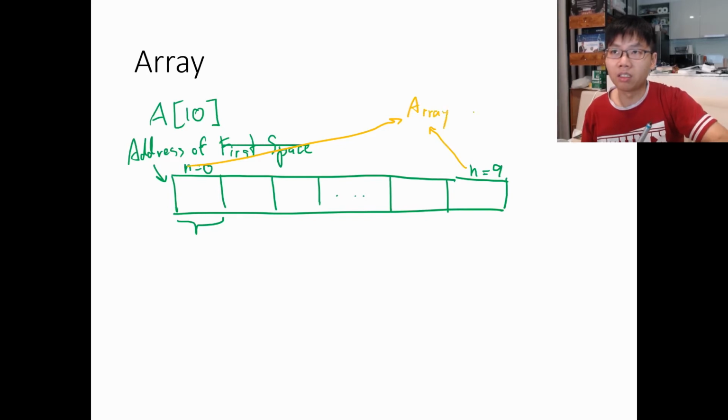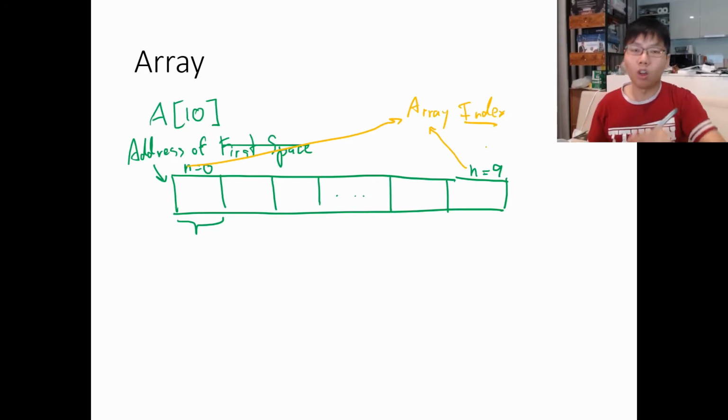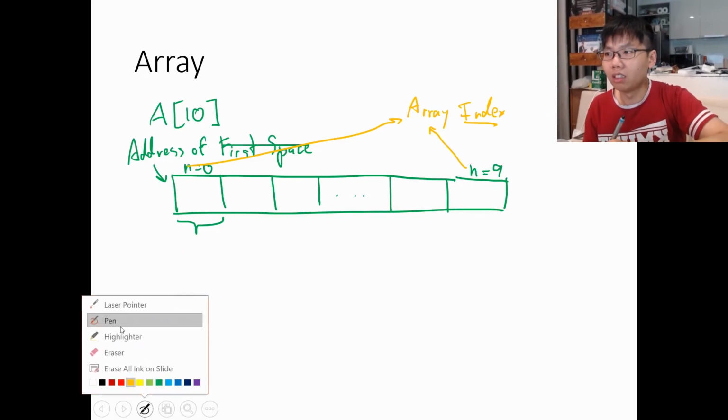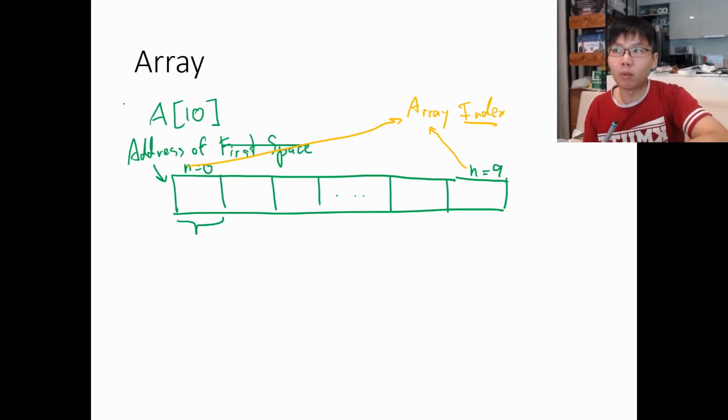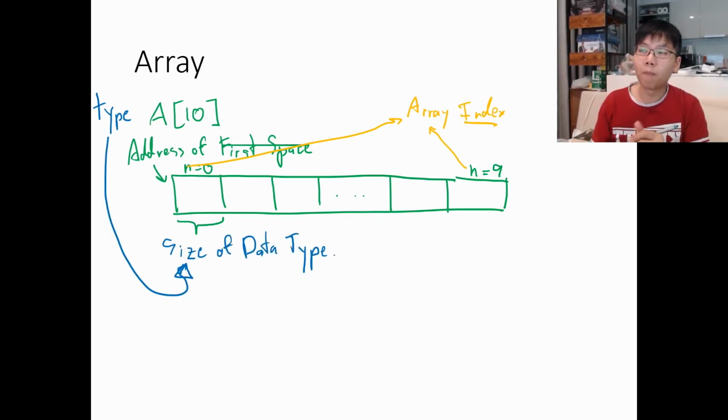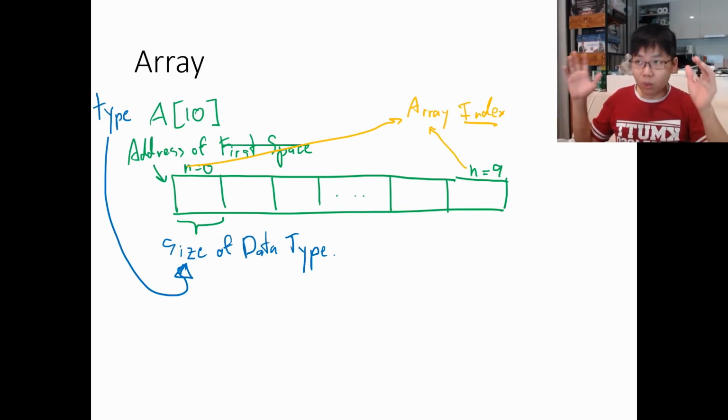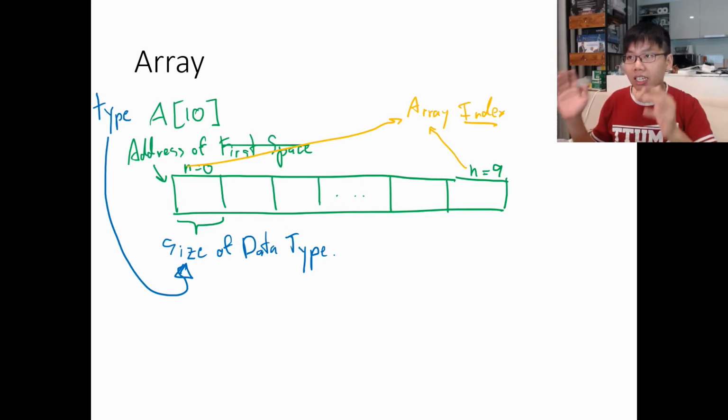Where n itself refers to the array index. Normally we call it the index of the array, and the size of the array that you allocated here is going to be equal to the data type. So how an array works is that you can store as many data as you predefine at the first place.